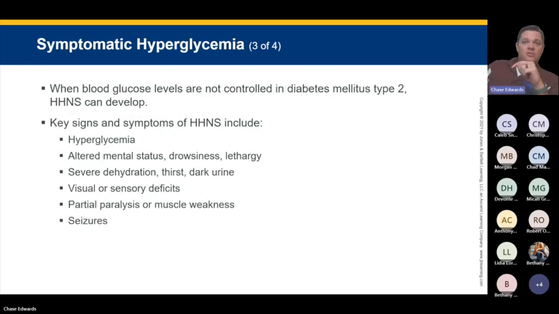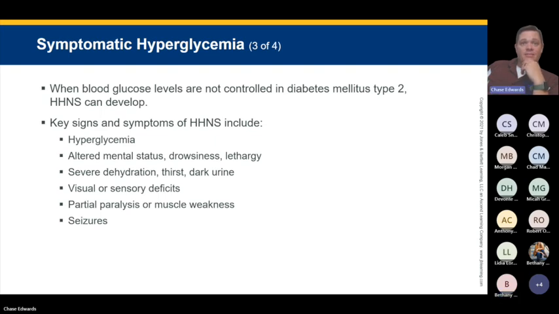When blood glucose levels are not controlled in diabetes mellitus type 2, a condition known as hyperosmolar hyperglycemic non-ketotic syndrome, or HHNS for short, can develop.